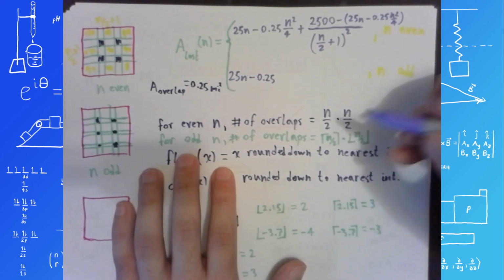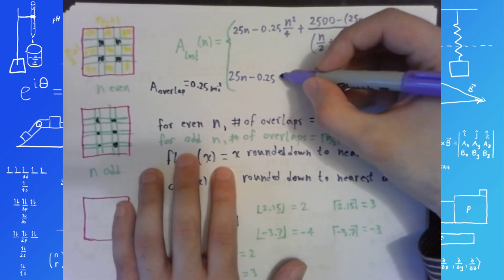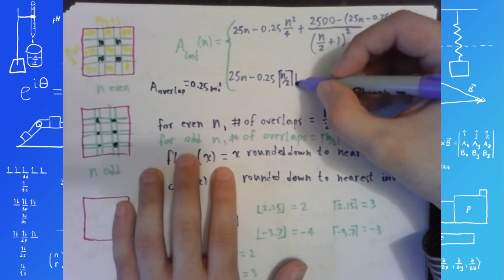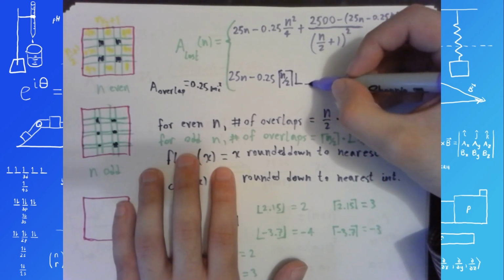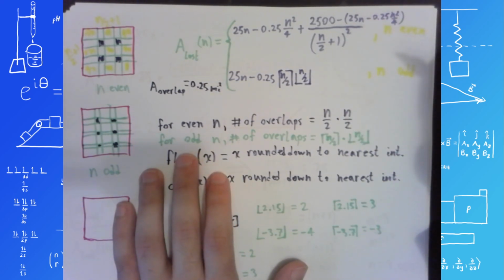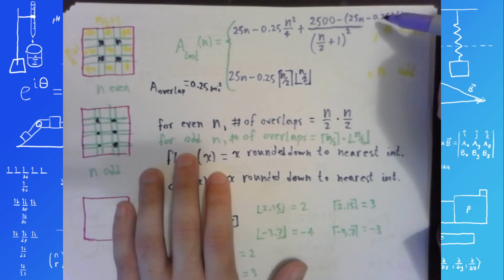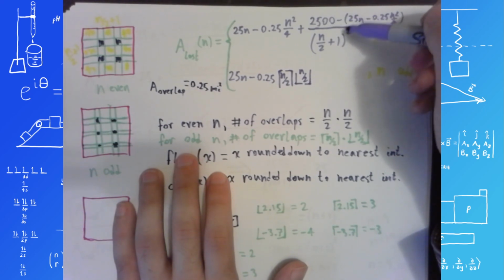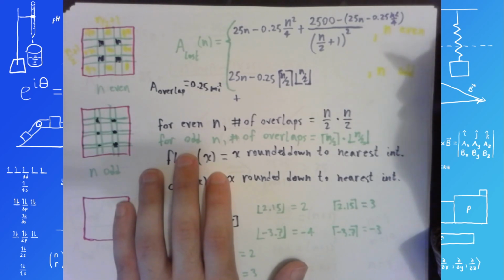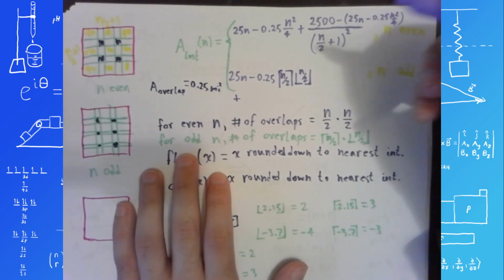Instead, I'm going to have to do ceiling of n over 2 times floor of n over 2. And I'm not going to make this same mistake again. I'm going to start writing it down here. Plus the area of one region.